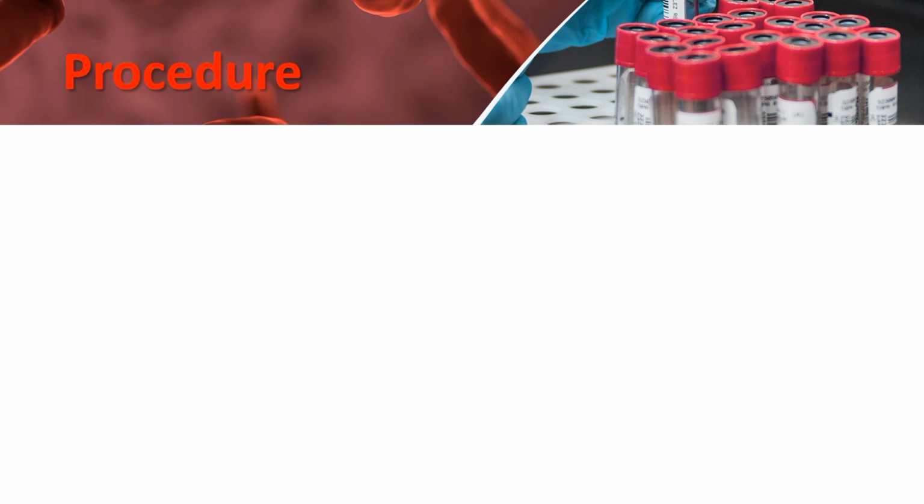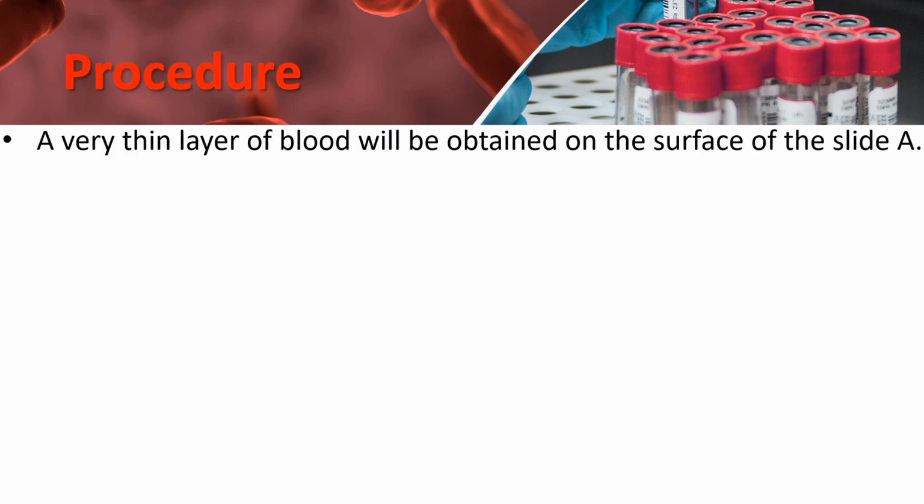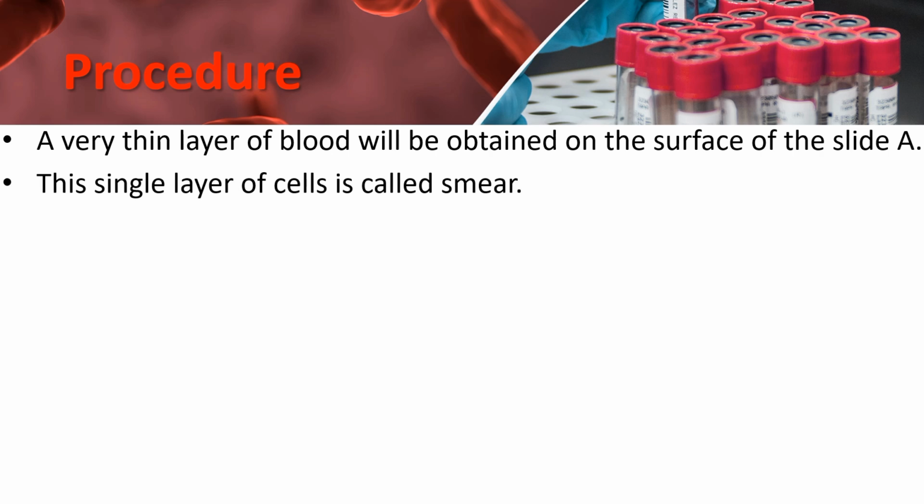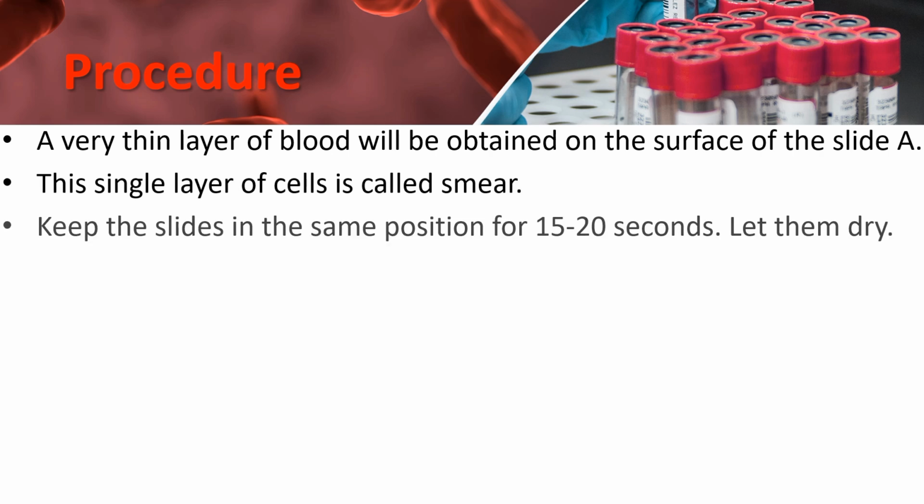A very thin layer of blood will be obtained on the surface of the slide A. This single layer of cells is called smear. Now keep the slides in the same position for about 15 to 20 seconds. Let them dry, otherwise cell membrane will rupture during the staining process.